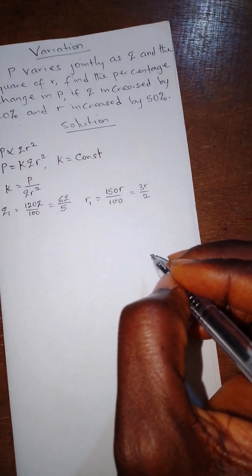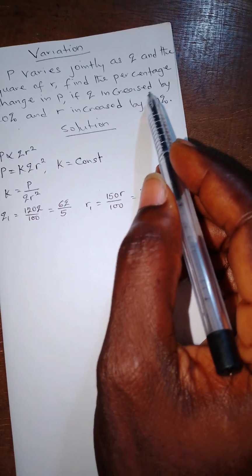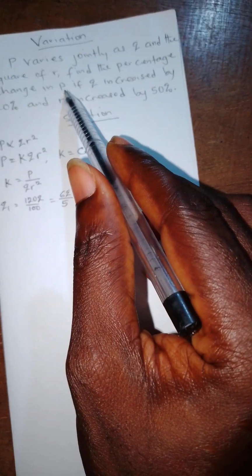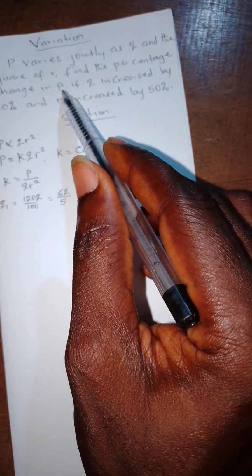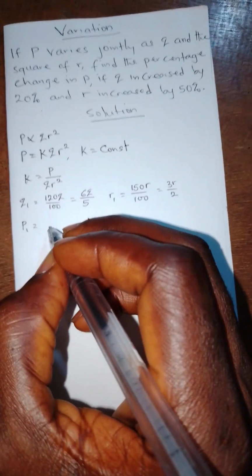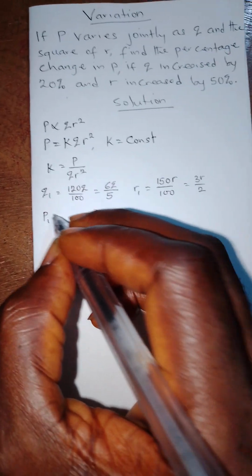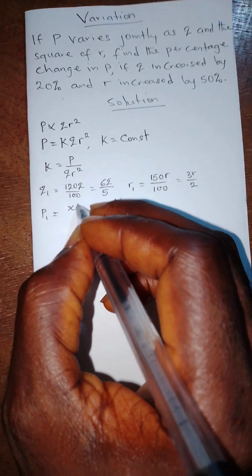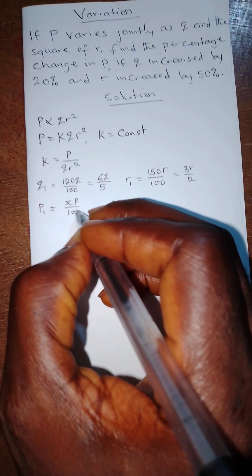Okay, so now you have to find the percentage change in P. So P1 as well will be XP over 100.